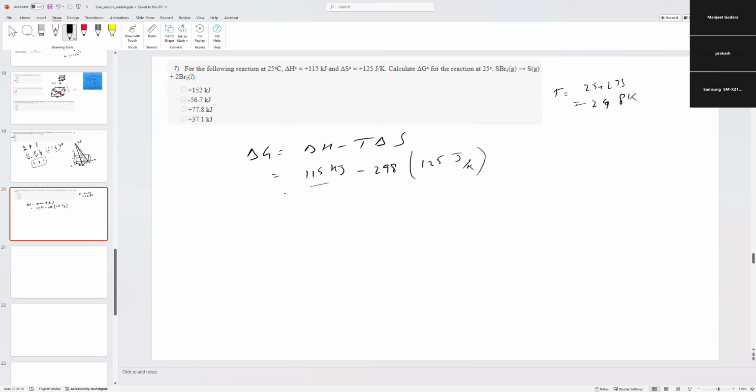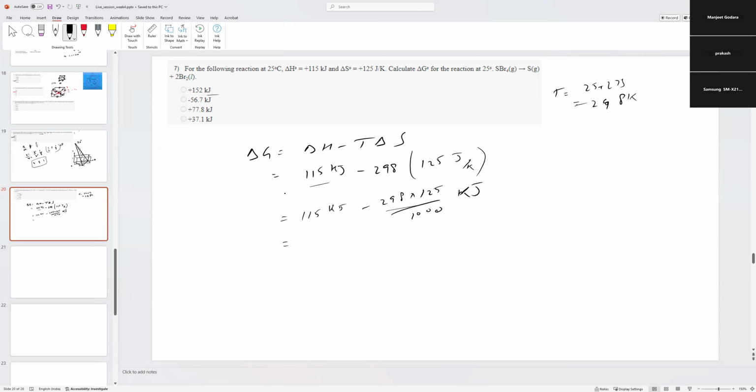Or the final answer is kilojoule, so let's keep the kilojoules as it is. 298 into 125 divided by 1000, so this also becomes kilojoule.